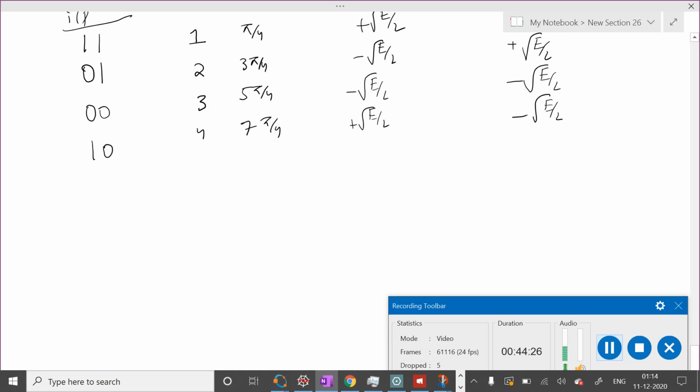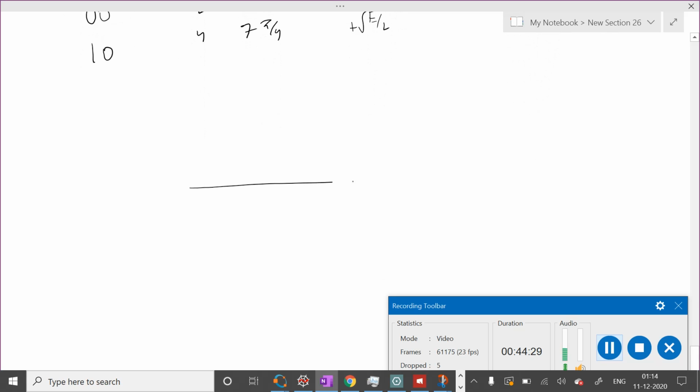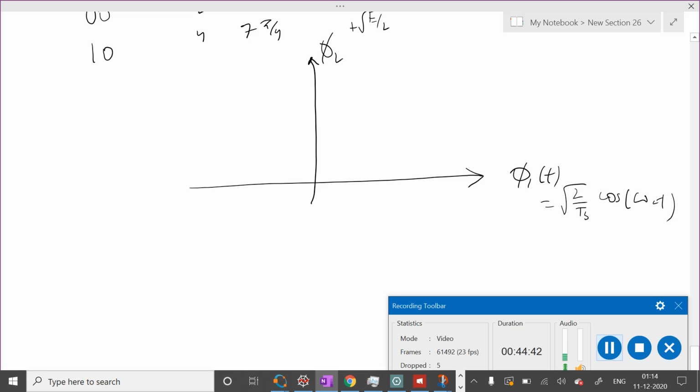Now what I want to say is, if you represent this axis as the phi 1 axis, that is along the cos function, and this axis as the phi 2 axis, then these 4 points are as follows. 1 1 is plus root E by 2, plus root E by 2. So this is the point 1 1.